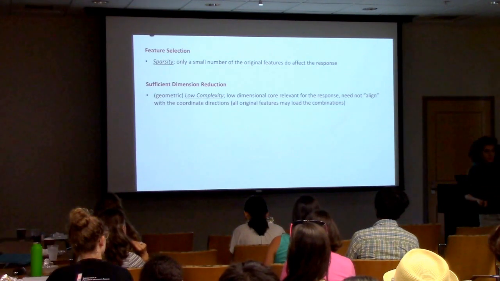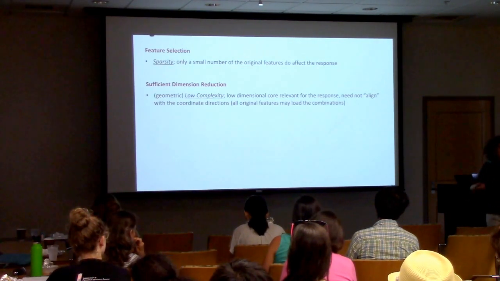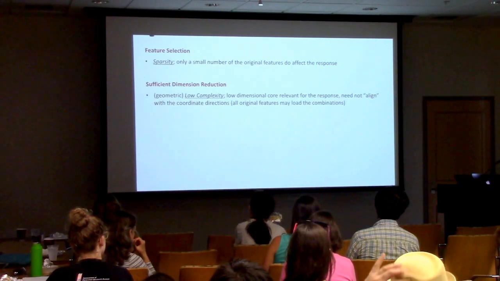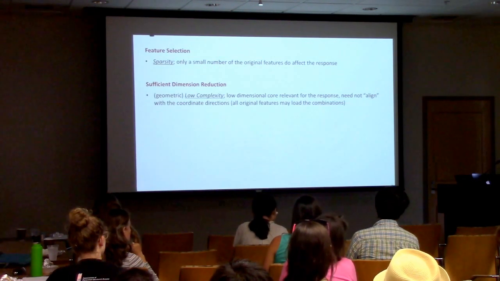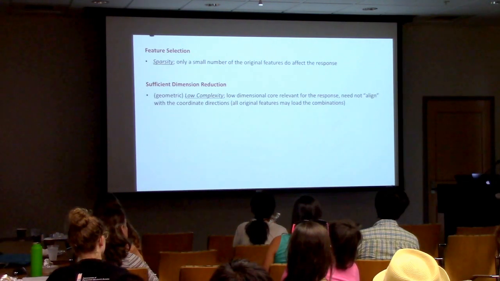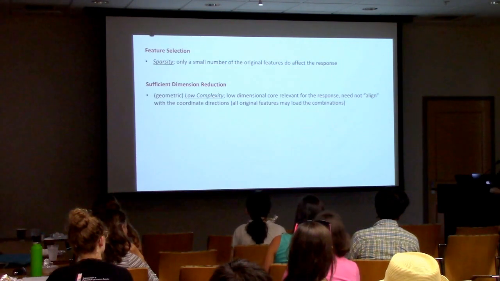The parallel notion in the supervised or sufficient dimension reduction, you may think of as one of low complexity. Maybe all the features affect the response, but they do so in a low-dimensional underlying informational core. In principal component analysis, some people refer to the number of principal components you pick as the level of complexity of the data, the intrinsic dimension of the data.